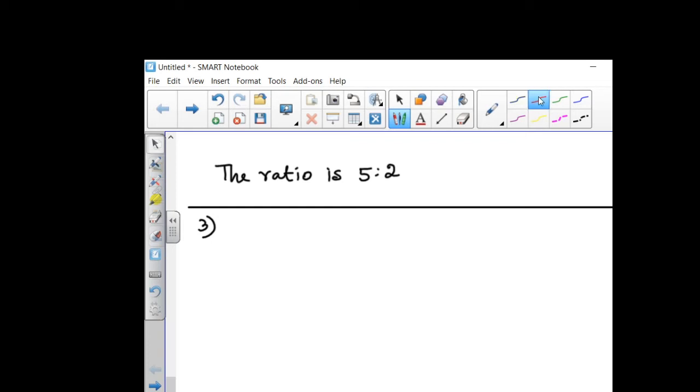So what is given? The line is given. The point A is (1, 2). Then B point is (6, 7). Then one more is the point P. The point P is not given.